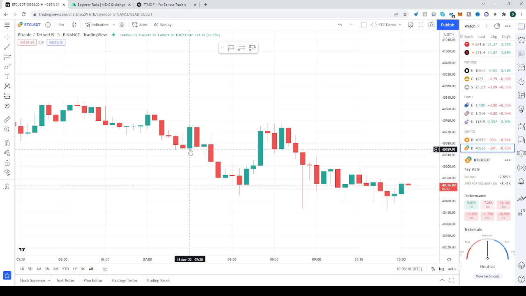So the body is essentially where it closed and where it opened. For the green candlestick, it opened here and it closed here for the 5 minutes.